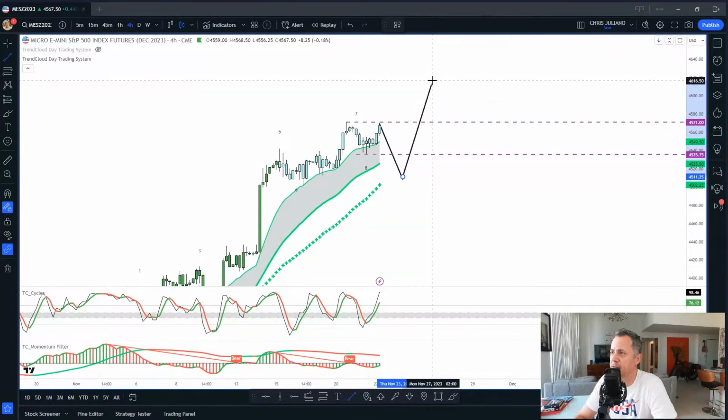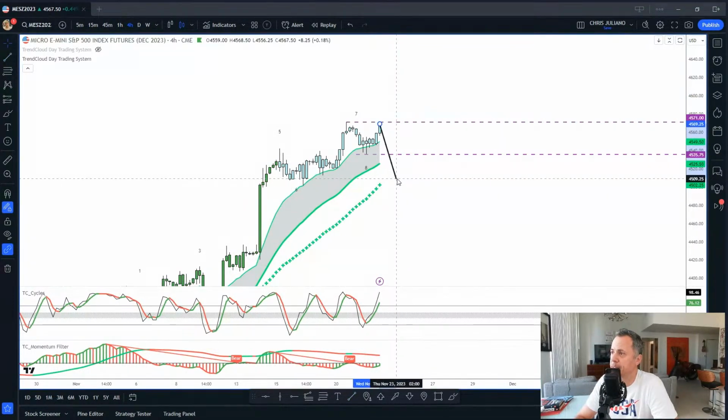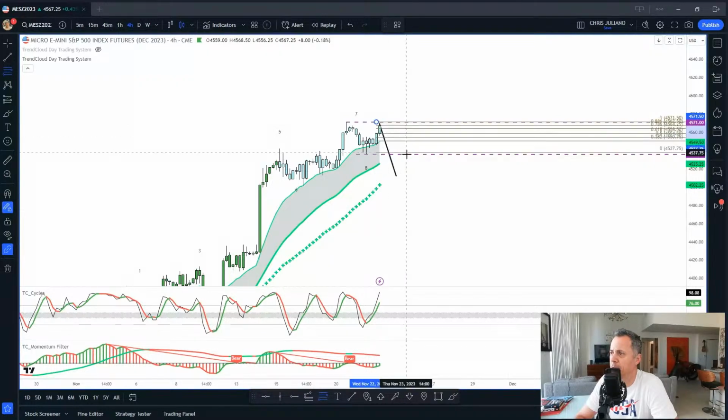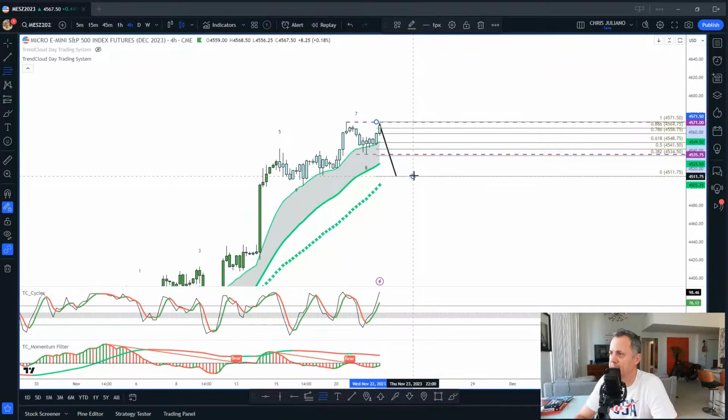But you can very well still get this deep pullback. So what we want to see is something like this. Let's say we get a nice break and close below structure here. Grab that Fibonacci retracement level, from the swing high on that second top all the way down as far as it goes, and look for the 618 retracement level.